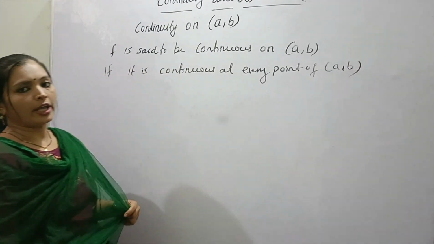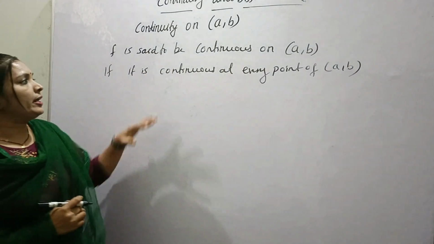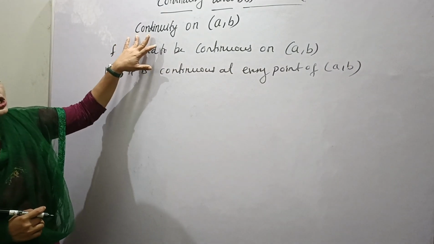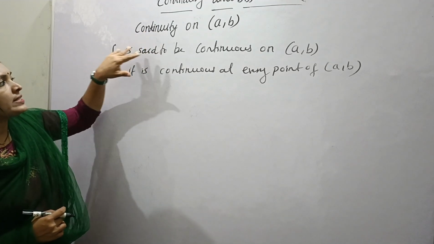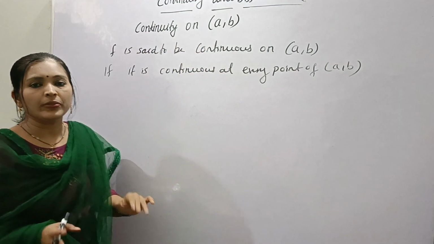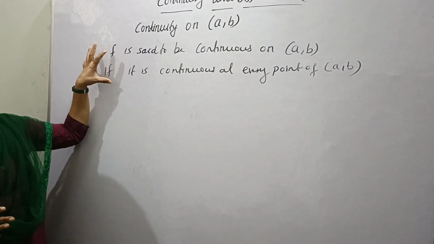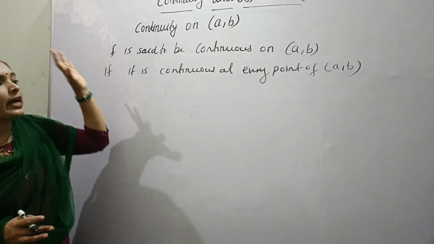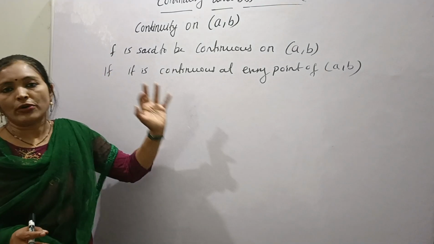Every point of AB. So a function f is said to be continuous on open interval AB if this function f is continuous at every point of AB.